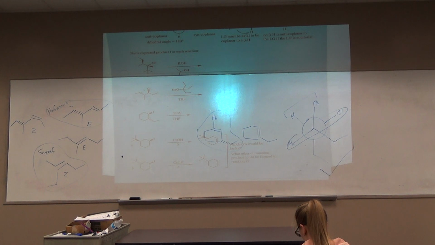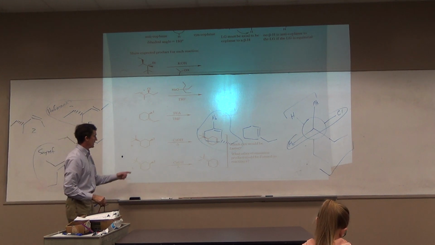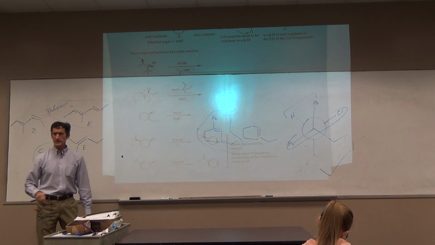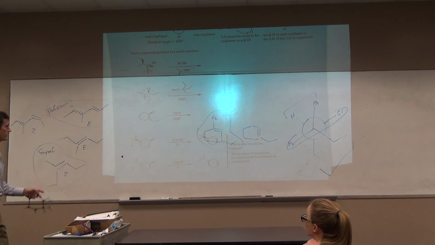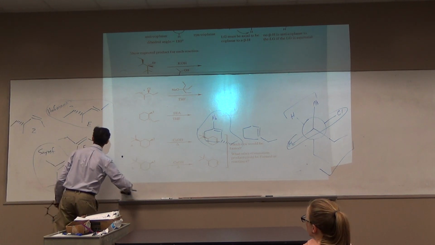Since it's E2, we got to have anticoplanar or syncoplanar, but anticoplanar highly preferred. Either one is only achieved if the leaving group is axial. The question is really this: in which starting material will the iodine be more likely axial? That's really the question. And this goes back to test 1, when we were doing conformations.